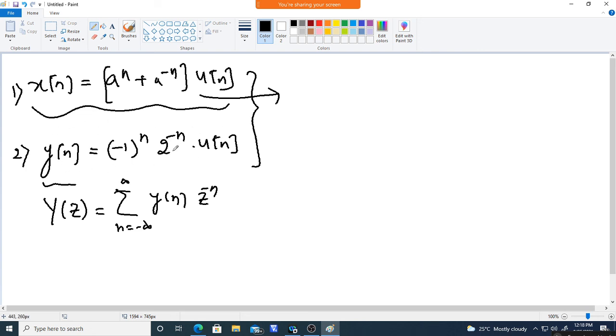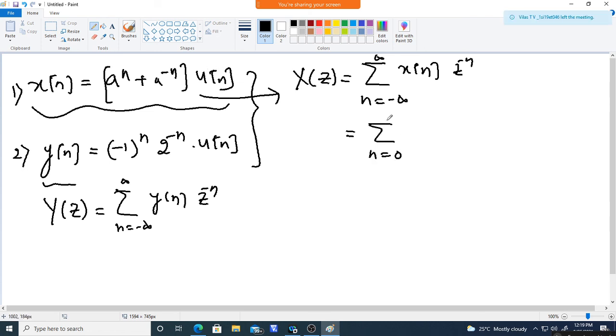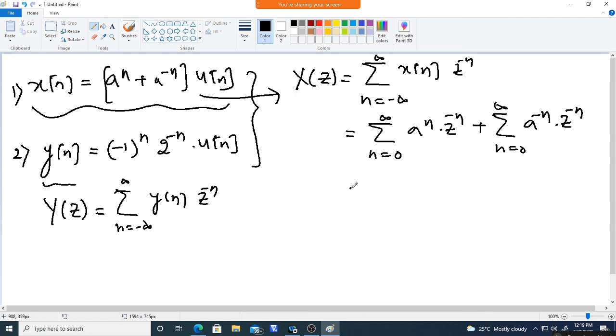So first one, if you take the x of z, for the first signal it is summation n equal to minus infinity to plus infinity x of n into z power minus n. Now x of n is between 0 to infinity because it is u of n. So n equal to 0 to infinity a power n into z power minus n plus n equal to 0 to infinity a power minus n into z power minus n.